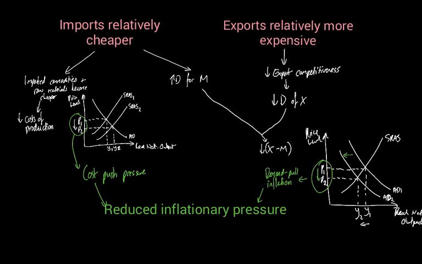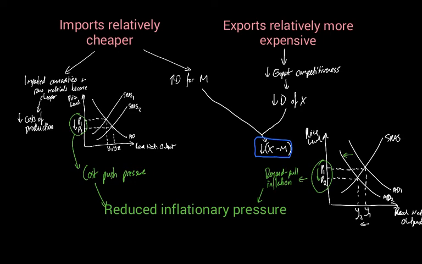So that's how we do the overall analysis chain of the pound becoming stronger and how that works to reduce inflationary pressure. Now, as we've gone along, we've seen various other elements as well. When we were talking about the balance of trade, we said this also means we will get a worsening of the balance of payments on the current account.